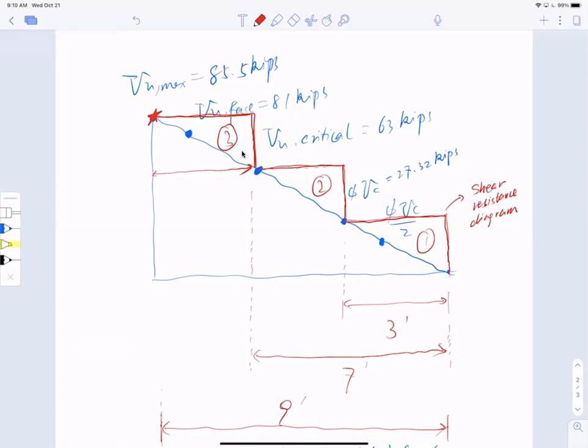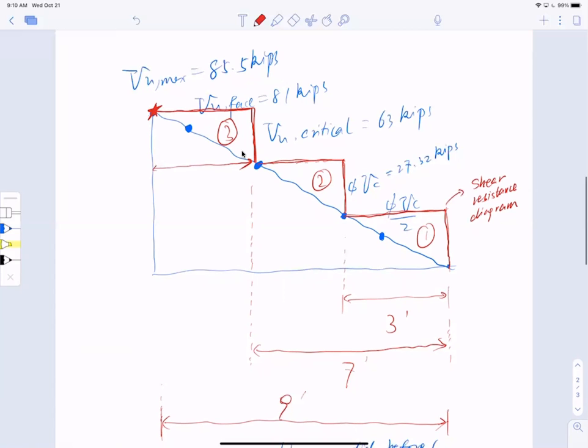So the first point I pick is Vu max, and I traverse along this way to this point, and I will use Vu critical as my second point. I keep going till I reach the next point, which is Vc.